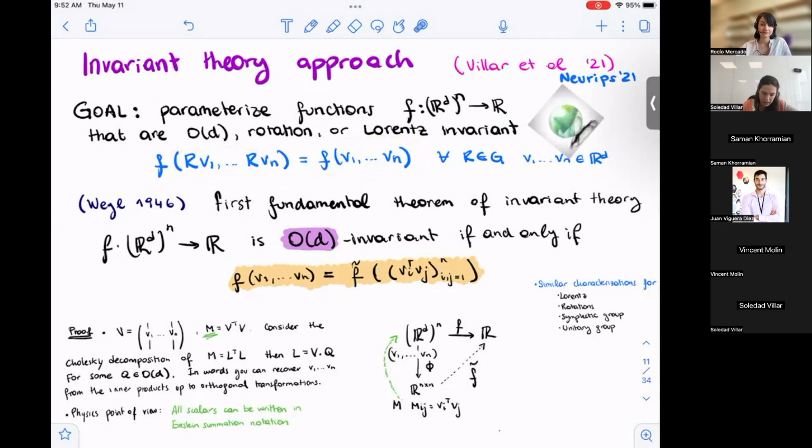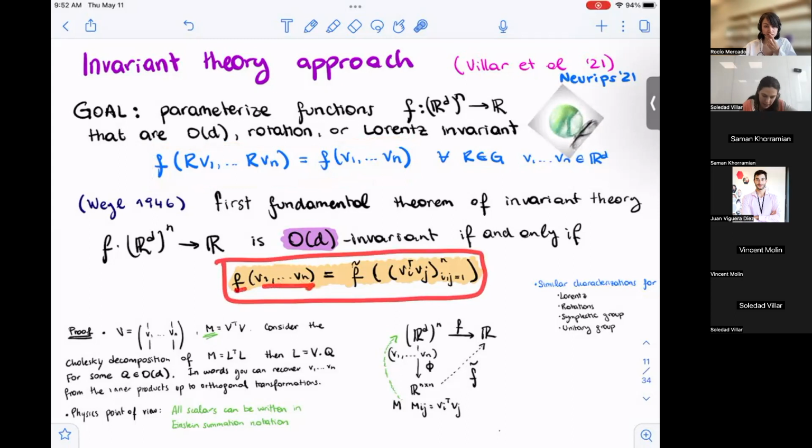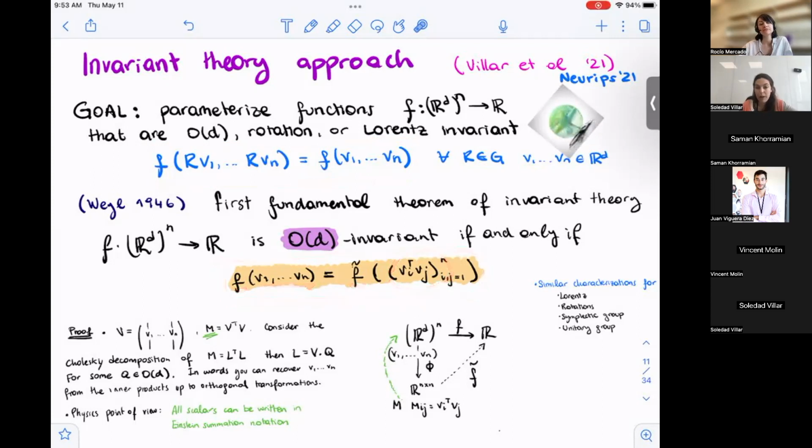And so the theorem says that a function is invariant with respect to this action if and only if you can write it as a function of the inner products of these input vectors. So this is what I write here. F of v1 through vn is invariant if and only if F can be written as an F tilde of the pairwise inner products of my vectors.